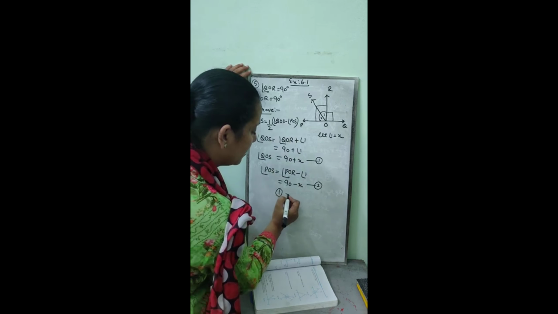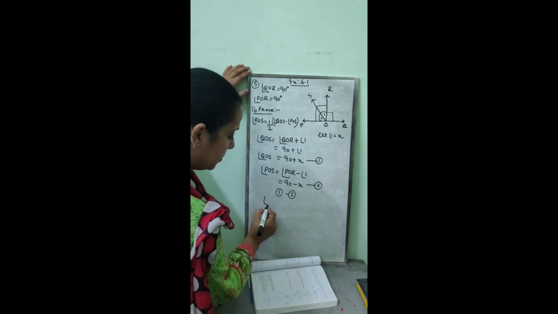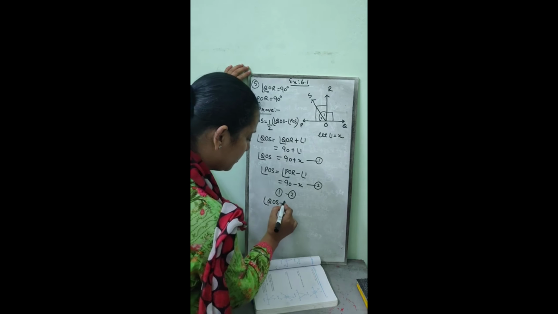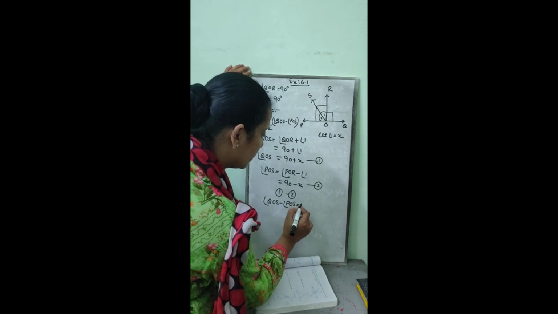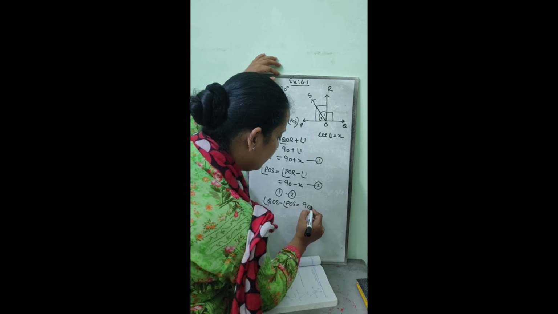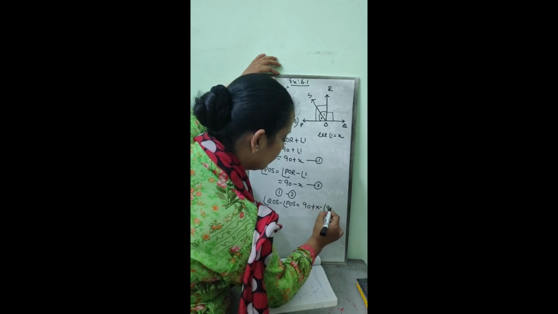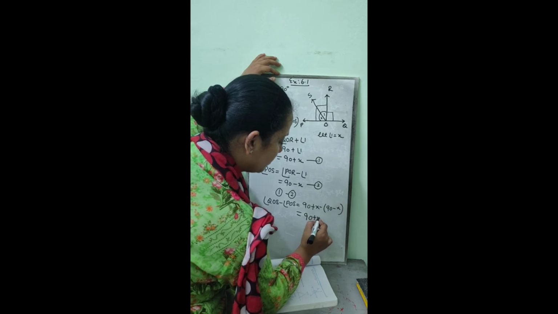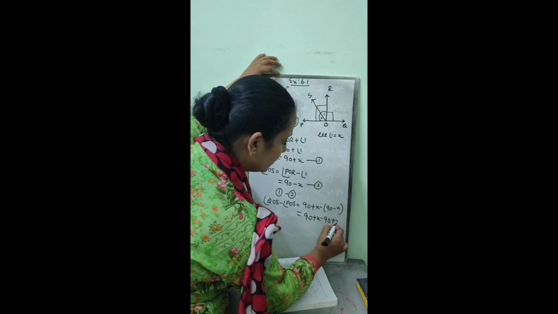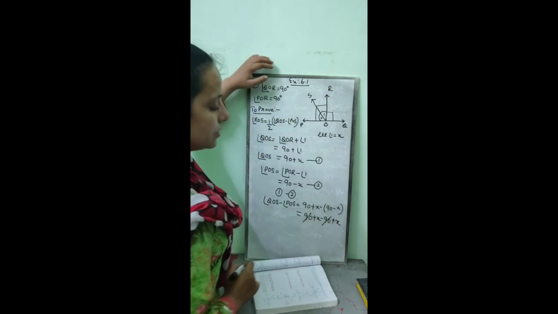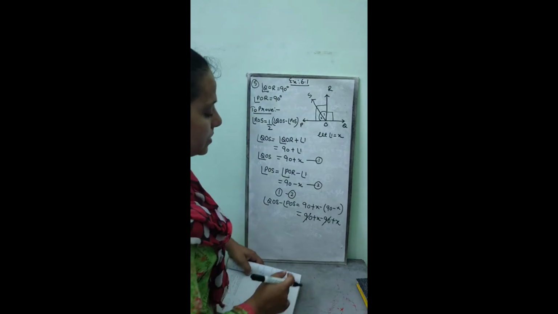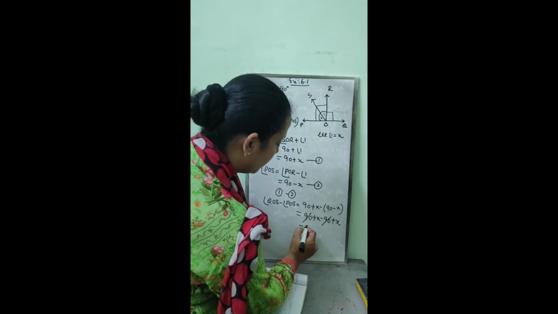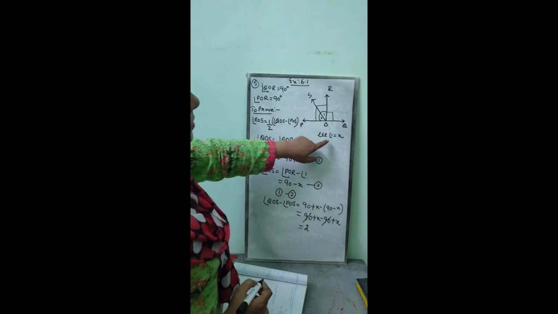Now, according to the proof, we need to subtract QOS and POS. So, I am doing 1 minus 2. QOS minus POS is equal to 90 plus x minus 90 minus x. That is 90 plus x minus 90 plus x. 90 and 90 are cancelled. x and x is 2x. x is angle 1.